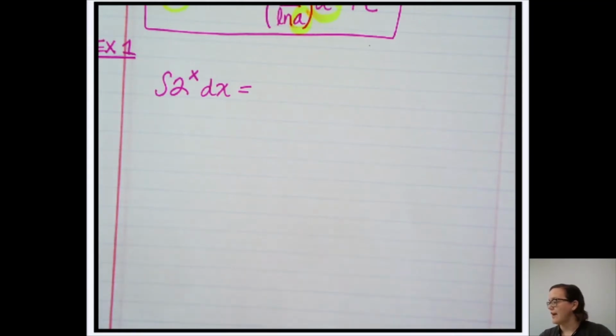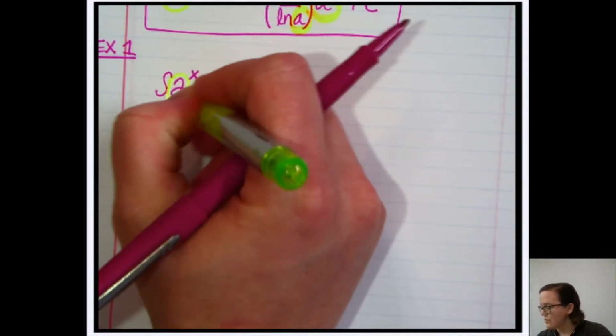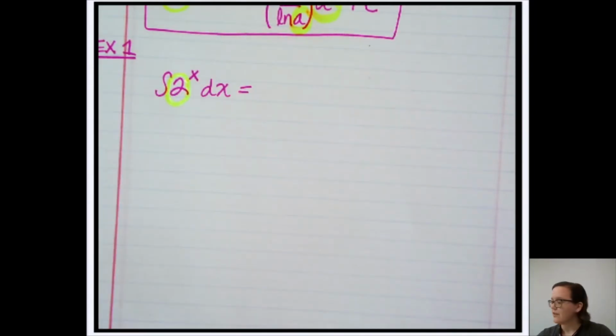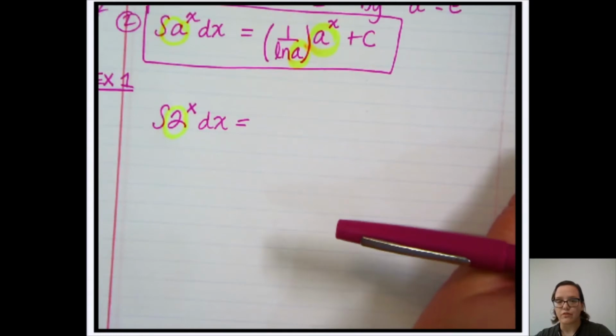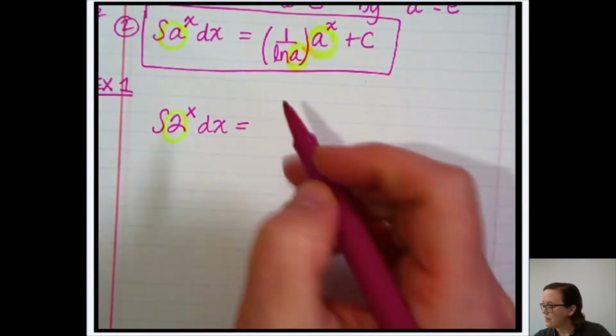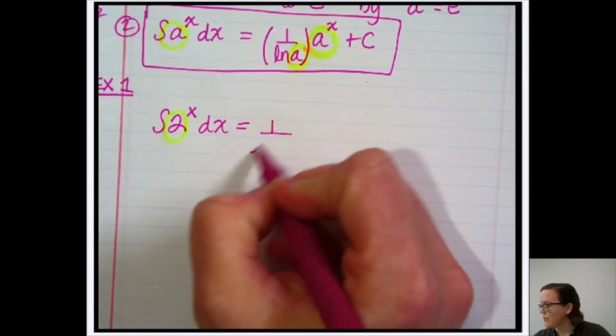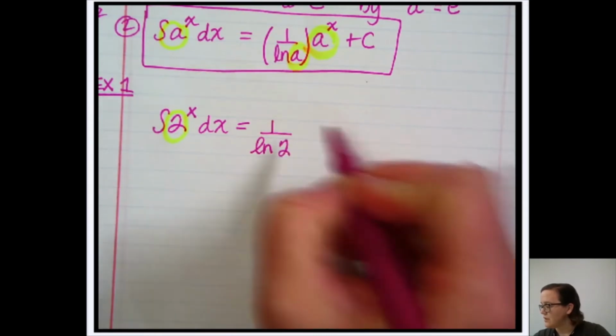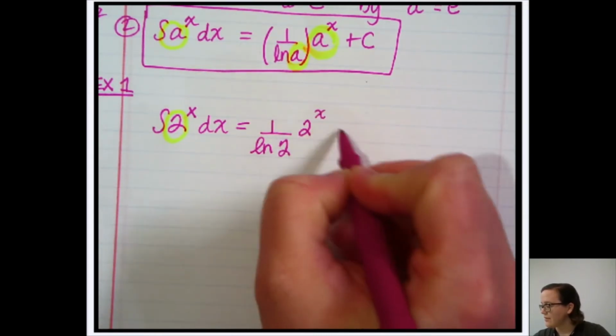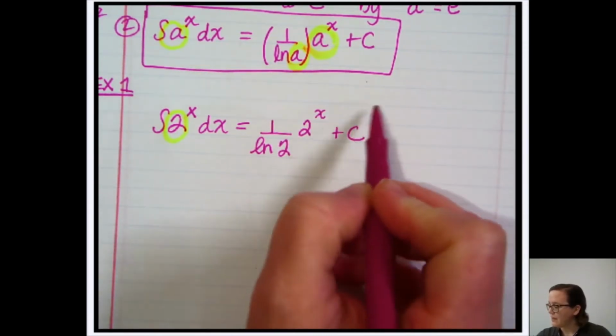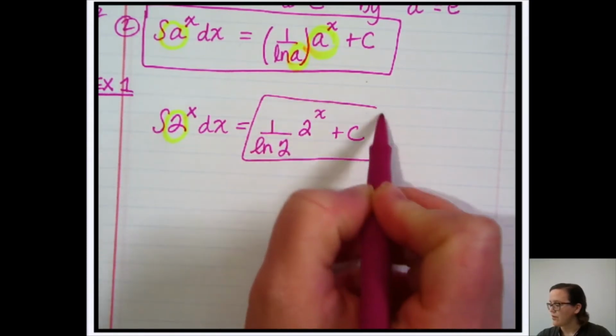So what is our a in this case? Well, a is just 2. Using the formula from above, we can rewrite this as 1 over the natural log of 2 times 2 to the x plus c, and we are through.